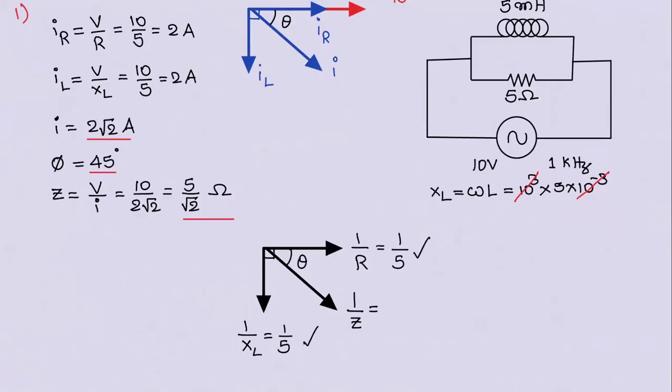These two add according to Pythagoras theorem. It will be root 2 into 5 ohms, right? Exactly the same value, check it. Now, if you want to calculate current, current is equal to total voltage by total impedance, right? Total voltage is 10. Total impedance will be 5 by root 2.